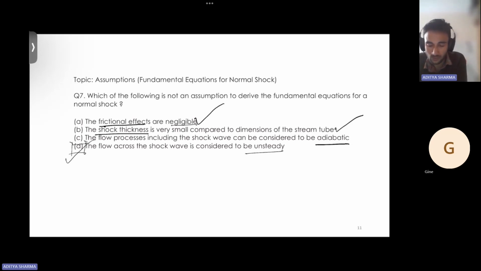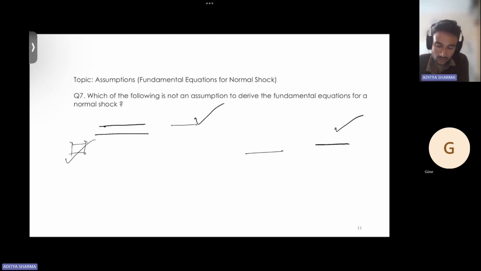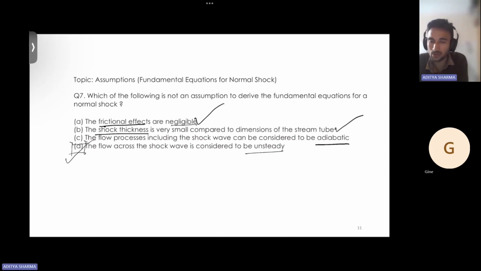Because when we are analyzing, it's in our hand to choose a stream tube of particular size. So it is very important to keep the thickness of the shock in such a way that it's very small in comparison to the stream tube.